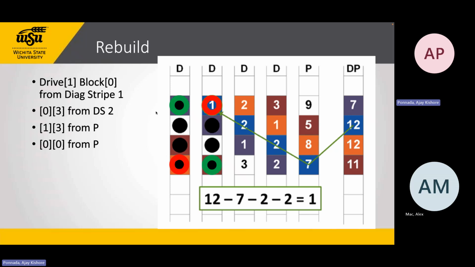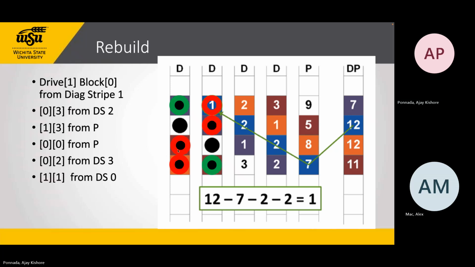You can calculate this one using all the other elements from DS3. Again, you can do this one now, because you now know all the diagonal stripes. You can calculate this one using diagonal stripes, this one using the stripe, and this one again using the diagonal stripes. So that's how we rebuild if we lost 2 elements out of the matrix, out of the RAID.